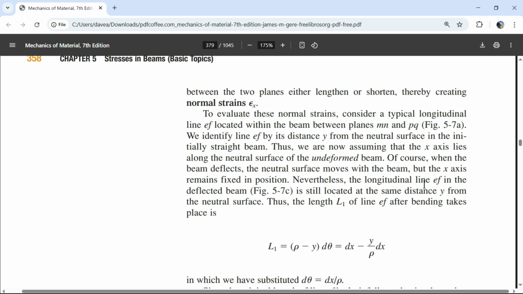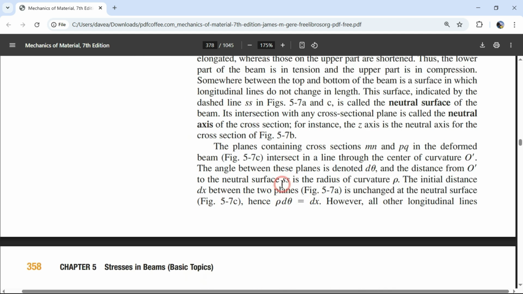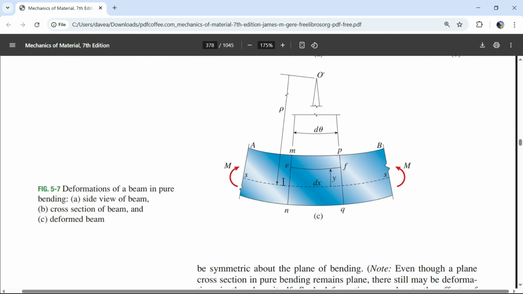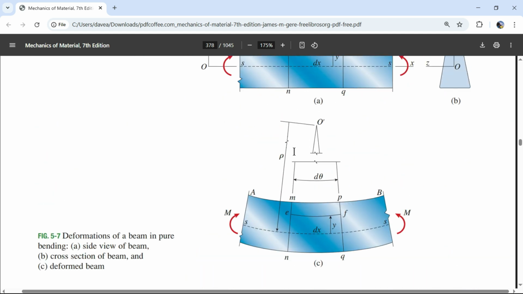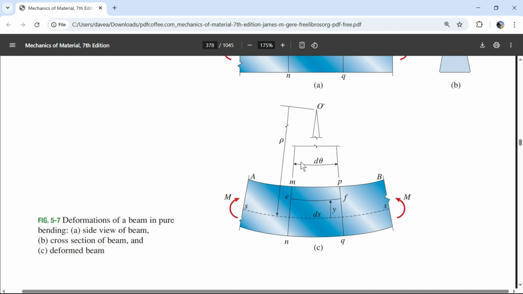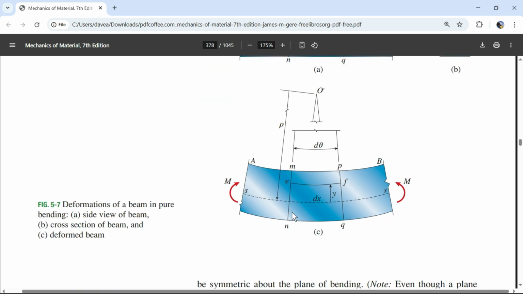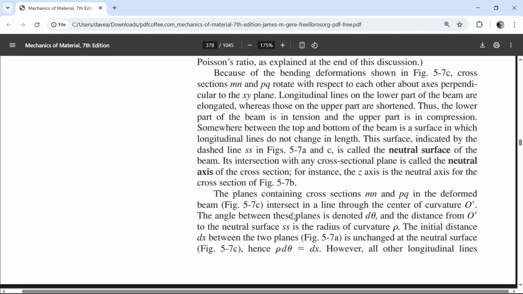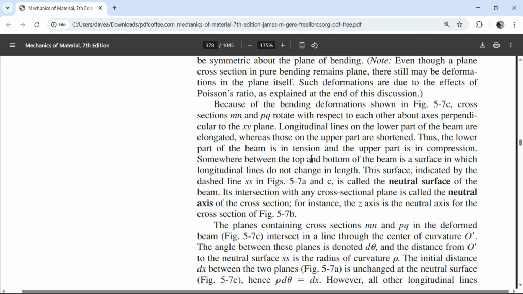Nevertheless, the longitudinal line EF in the deflected beam is still located at the same distance y from the neutral surface. So if we look at this cross-sectional cut MN, this line EF is at a distance y, and same thing here. Is that what they're saying? Do they even say the section MN in particular?